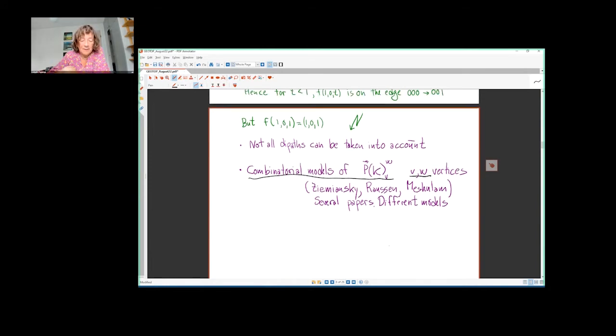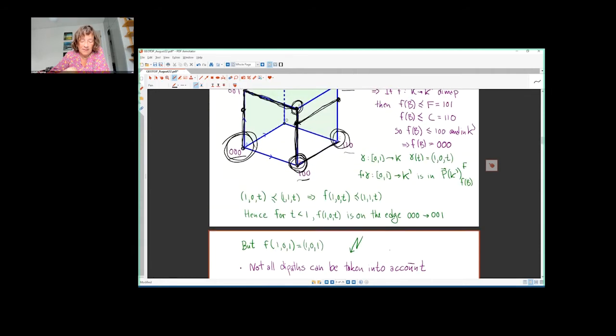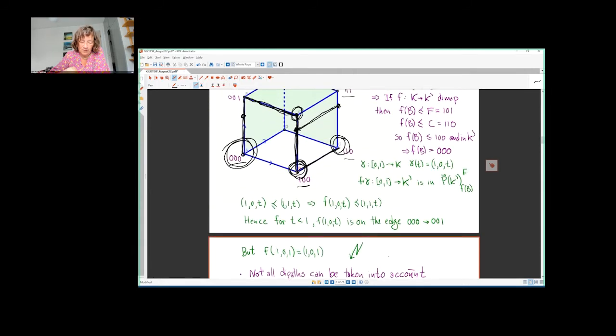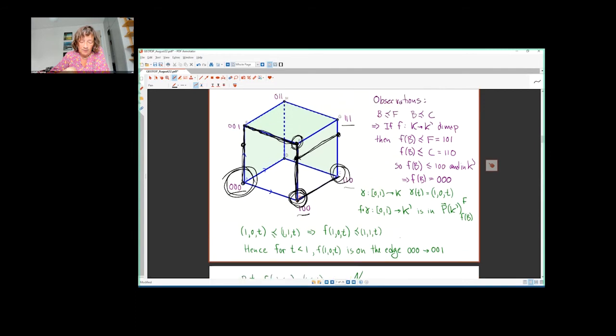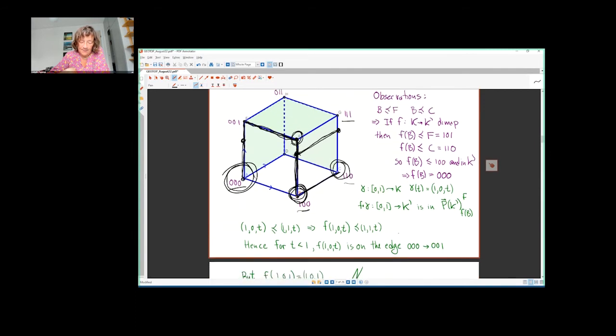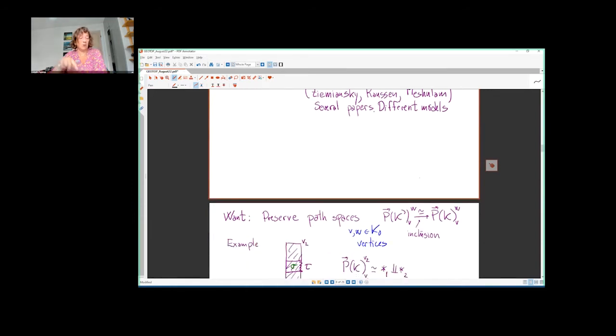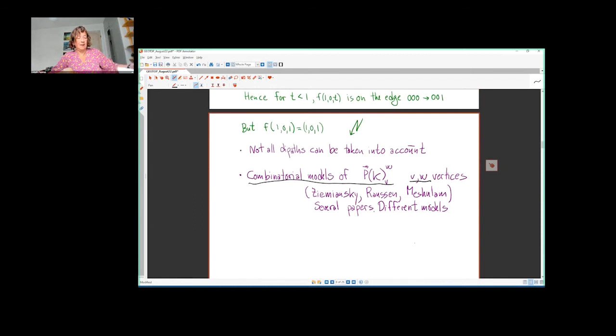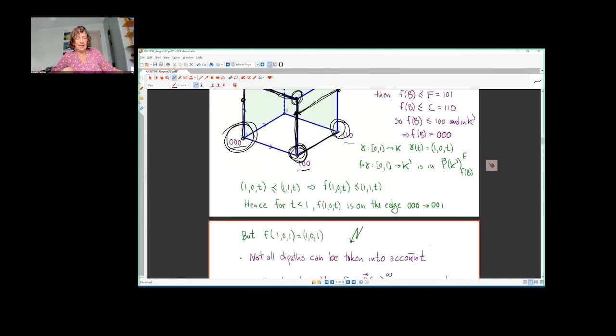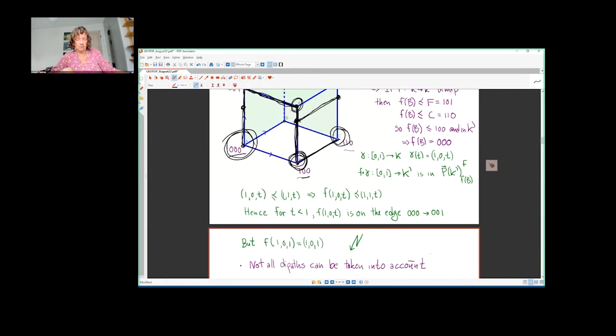So I should perhaps say that something like this is also what makes it difficult to put model structures on directed spaces. But don't ask me too much about that. I'm not very good with model structures. But anyway, if you think about these inner horn conditions and so on, you get in trouble with that as well.